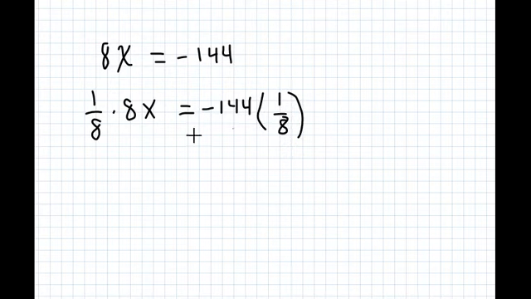Of course it doesn't matter whether I put the 1/8 on the left side of negative 144 or on the right hand side. So 1/8 times 8 is 1, and so we're left with x is equal to a negative number times a positive number, which becomes a negative number, and that is negative 18.